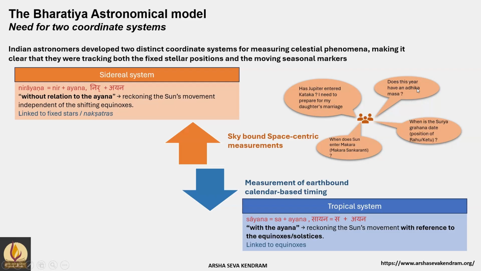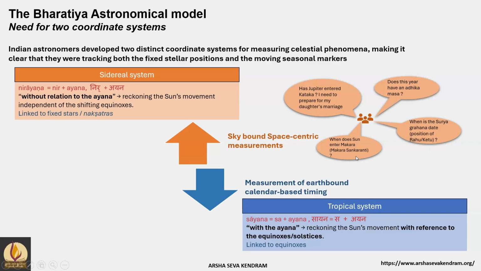Or questions related to synchronizing the lunar and the solar calendars. Does this year have an Adhika? Which means, where are the sun and the moon conjoining, or coming into the same place against a fixed backdrop of stars? That is when the Adhika Masa happens. Such questions are answered by the sidereal system, right?